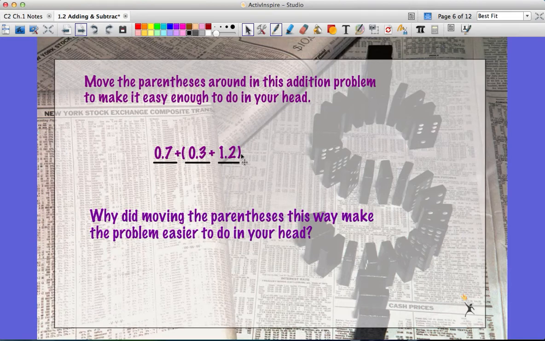But if I move the parentheses over to these two decimals, 7/10 plus 3/10 is going to give me 1, because I know 3 plus 7 gives me 10, so I carry that 1 to the other side. Why does moving the parentheses make it easier to do in my head? Because I immediately know that this gives me 1, and then I know that 1 plus this number is just going to be 2 and 2/10.